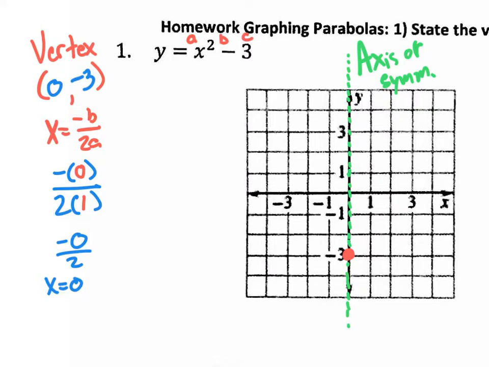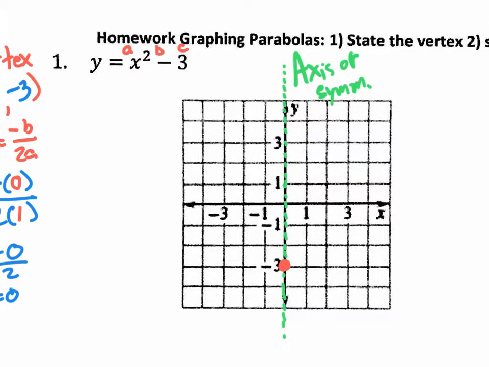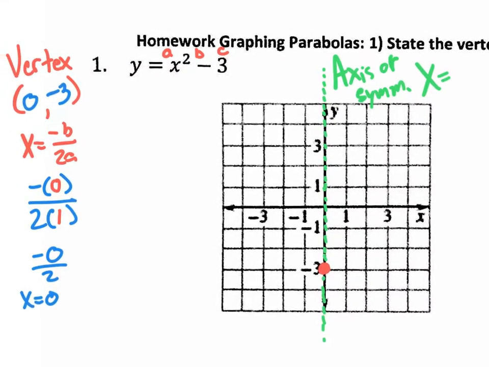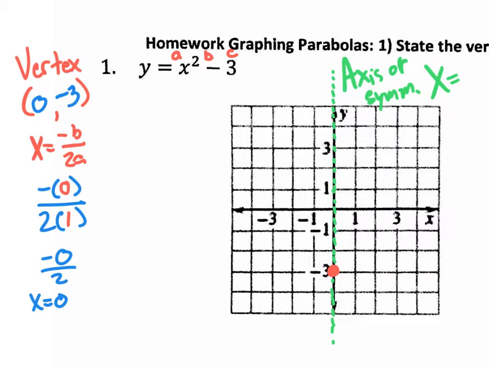But we also need to be able to state the equation of that vertical line going right through the coordinate 0, -3. So keep this in mind, guys. The equation of the axis of symmetry is simply, and it will always be, x equals the x value of your vertex. So what's the x value of this vertex? 0. So the axis of symmetry equation is x equals 0.